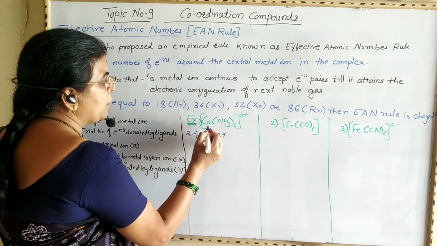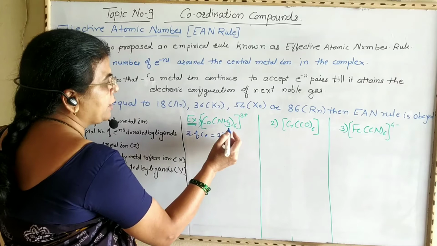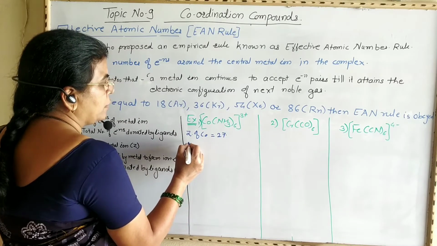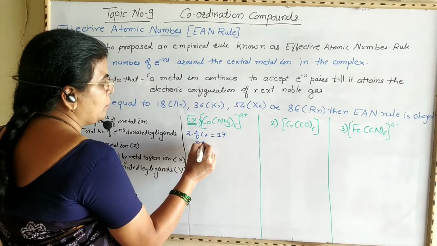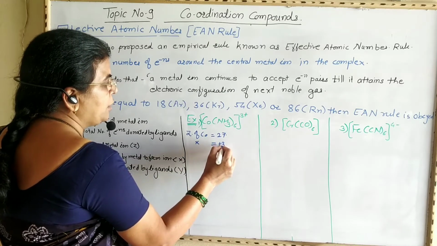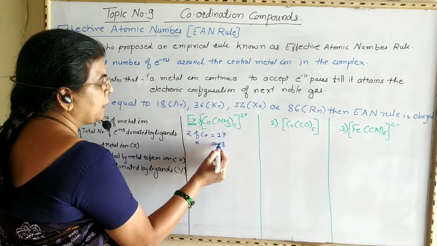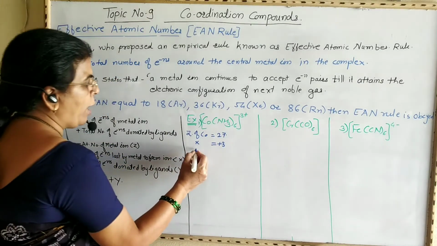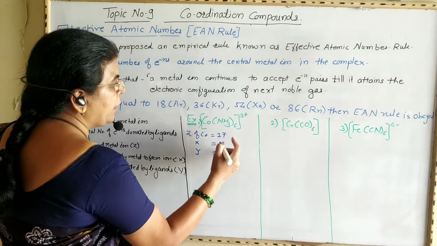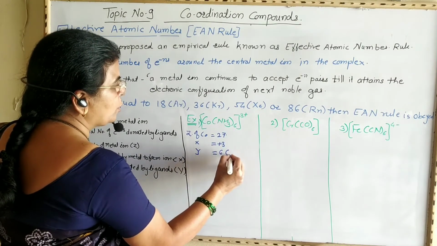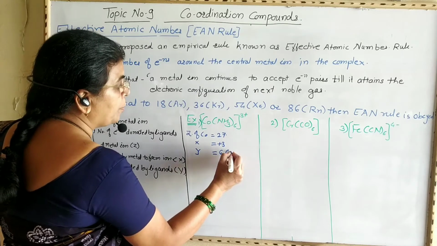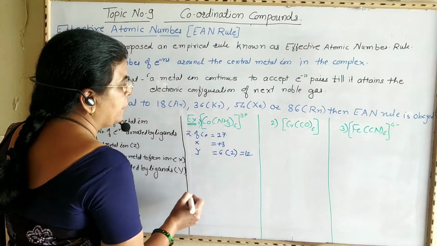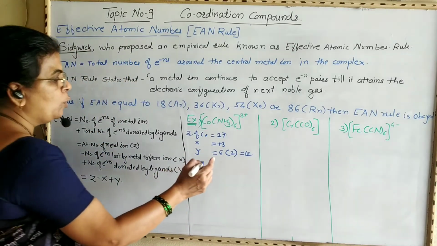Then the oxidation state of cobalt in this complex ion is plus 3, that is X is equal to plus 3. The number of electrons donated by ligands, that is Y: here there are 6 NH3 groups and each NH3 group donates 2 electrons, therefore 6 multiplied by 2 is equal to 12.